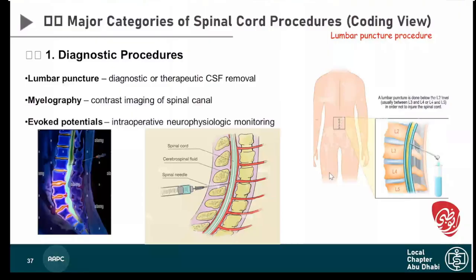So lumbar puncture means a physician drains CSF from the L3 to L4 region for either diagnostic or therapeutic purpose. Diagnostic purpose means to diagnose a condition.